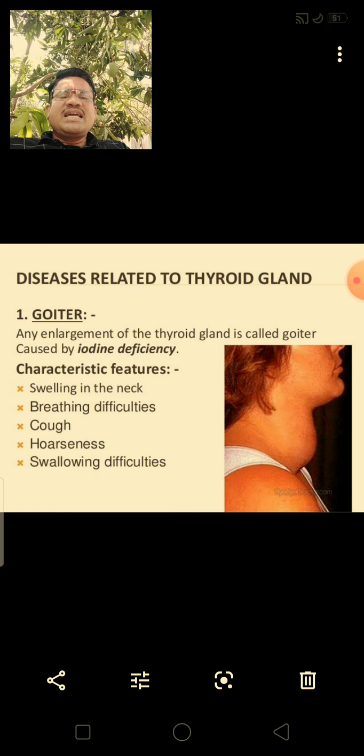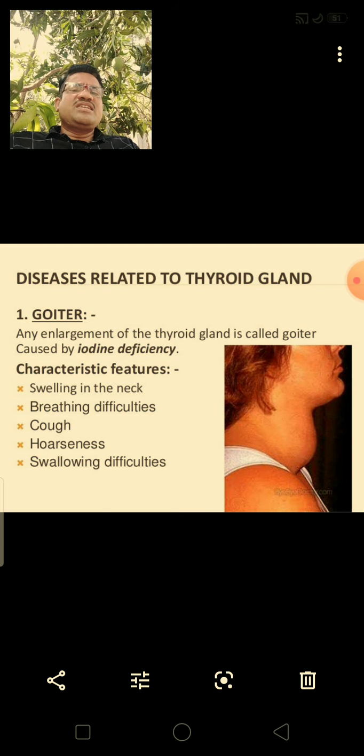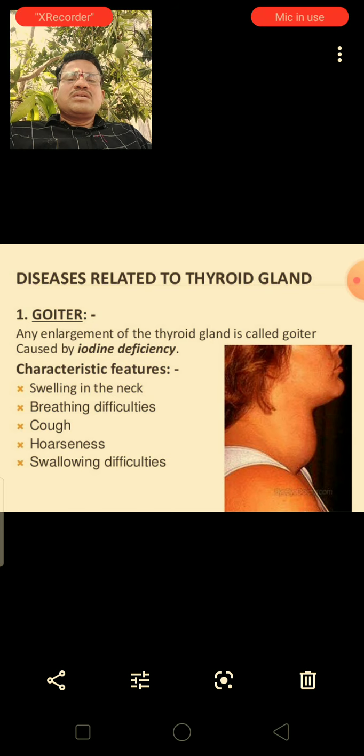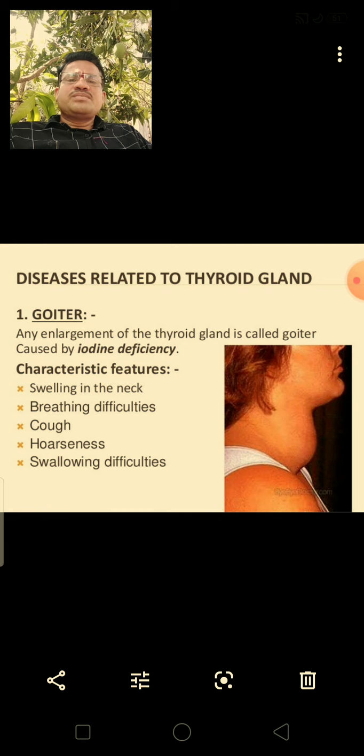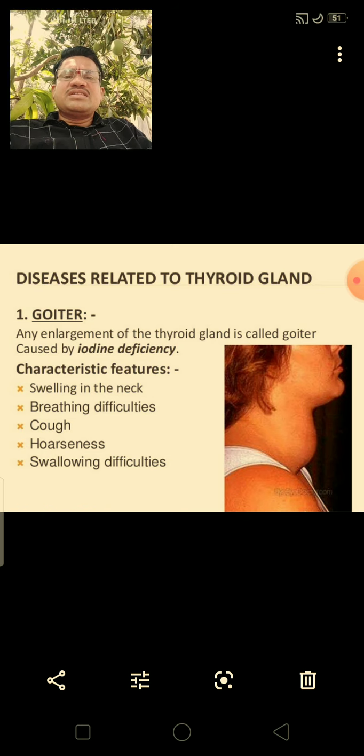The neck region can swell or enlarge. Next, breathing difficulties, cough, hoarseness, and last, swallowing difficulties. At the time of swallowing, we may face difficulties.